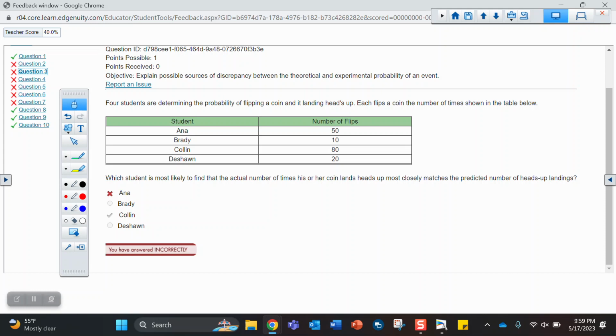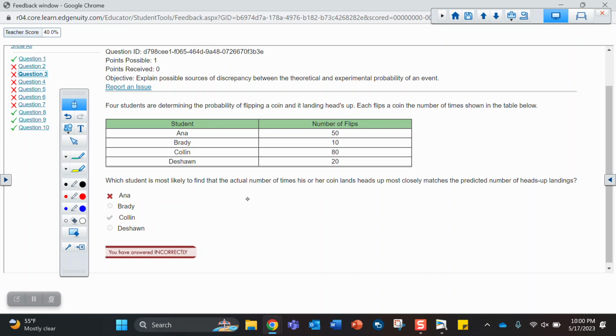Again, for it landing heads up, it's a 50-50 chance, or 1 out of 2, right? 1 out of every 2 flips it should land on heads. That's a 50% chance. So the question is, who would get closer to it being 50-50?